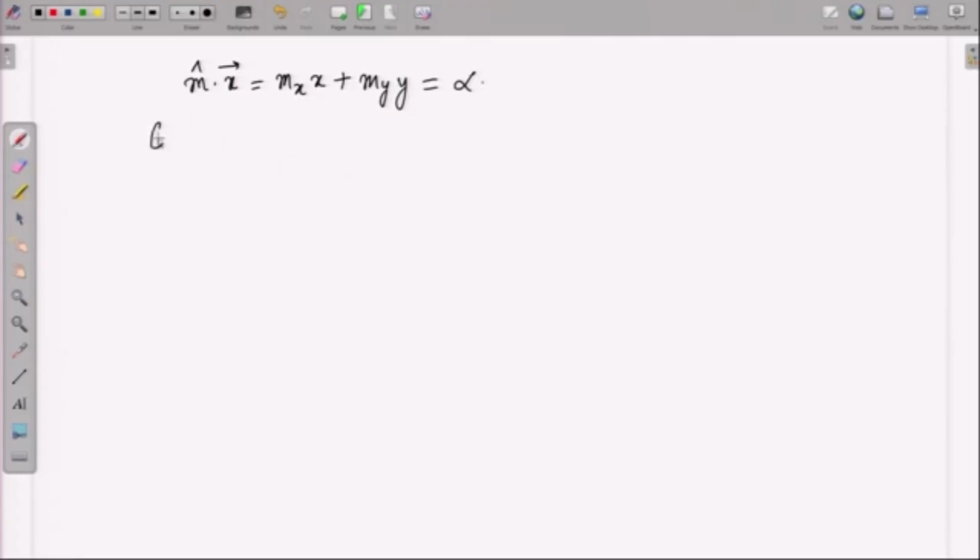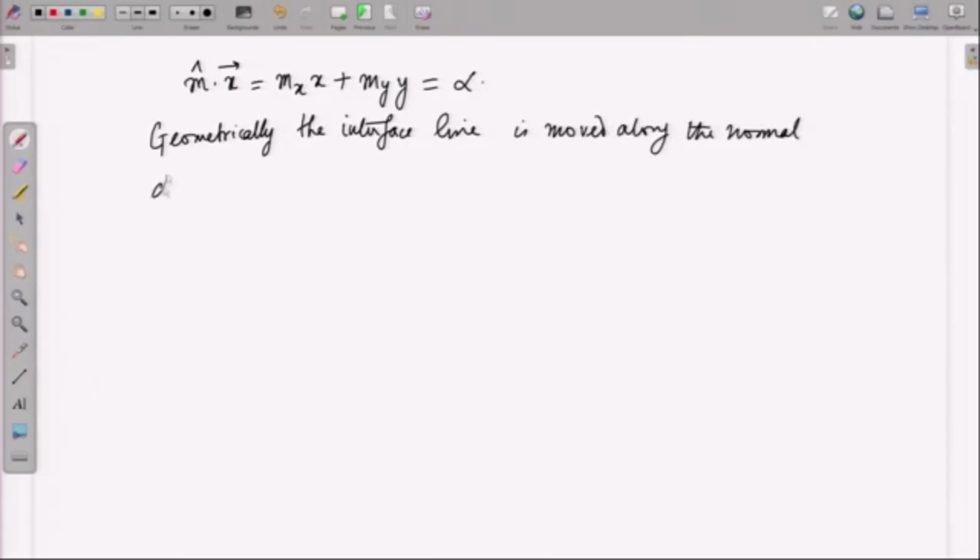So, what happens is that geometrically the interface line is moved along the normal direction through adjustment of parameter alpha.